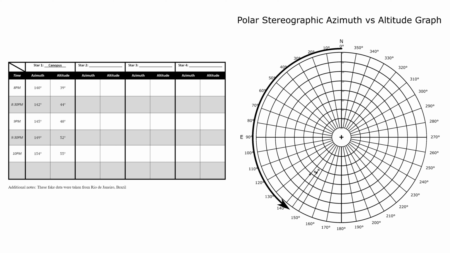Data point 3, azimuth 145, altitude 48. Data point 4, azimuth 149, altitude 52. And data point 5, azimuth 154, altitude 55.